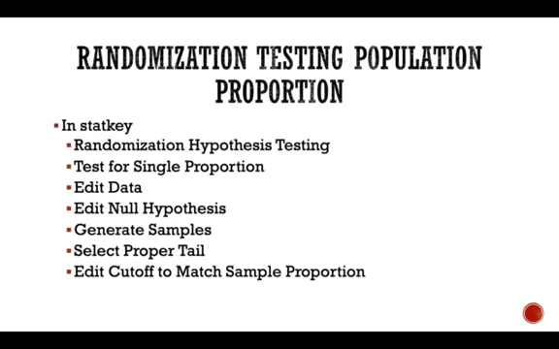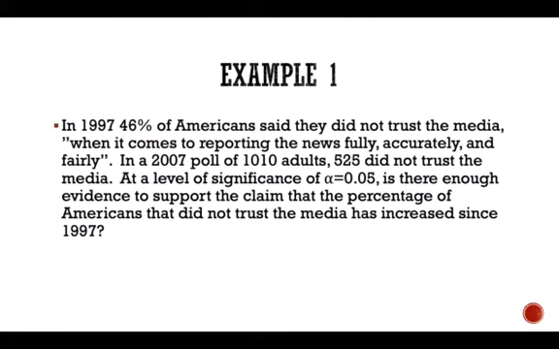So let's go through an example. In 1997, 46% of Americans said they did not trust the media when it comes to reporting the news fully, accurately, and fairly. I would say that I would expect this number to be much higher in 2020. In a 2007 poll of 1,010 Americans, 525 did not trust the media.